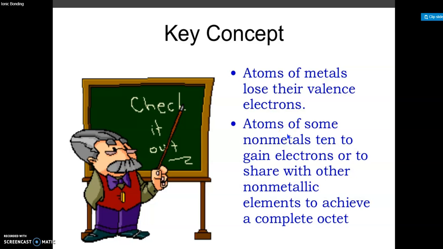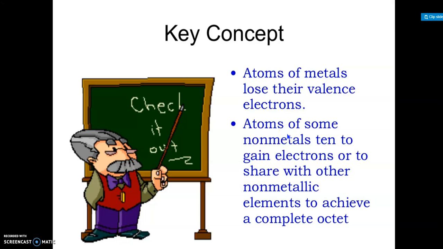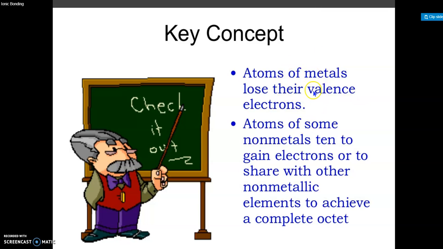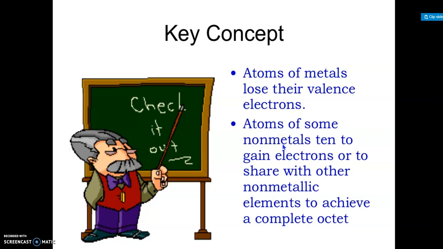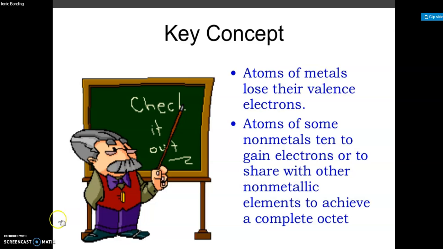Some important concepts of ionic bonding: atoms of metals lose their valence electrons. Atoms of some nonmetals tend to gain electrons or to share with other nonmetallic elements to achieve a complete octet. So simply, metals always prefer a loss of electrons to gain a positive charge, and nonmetals always prefer a gain of electrons to acquire a negative charge.